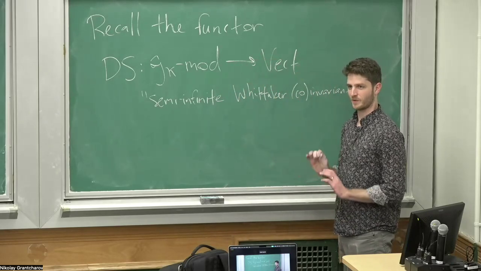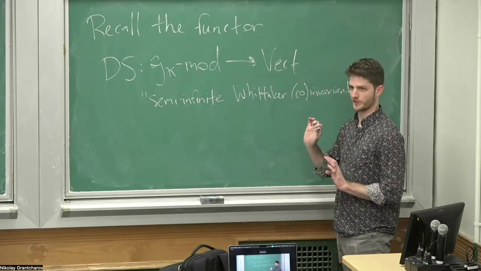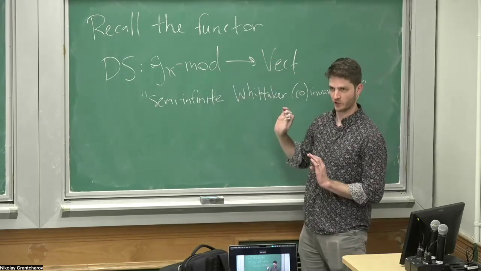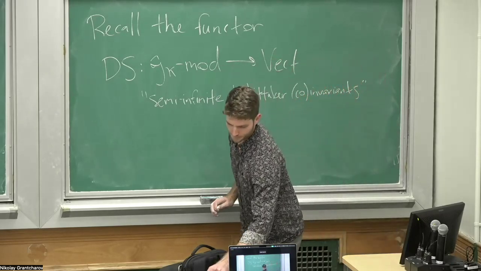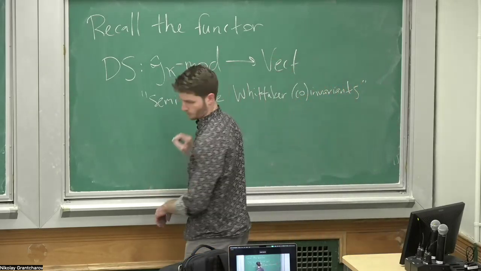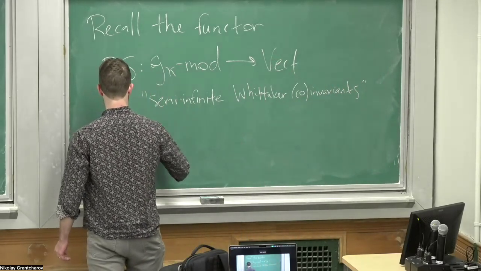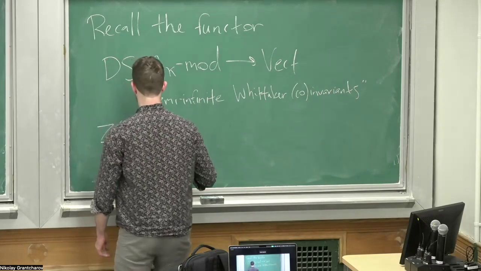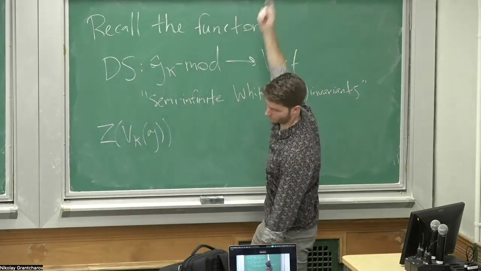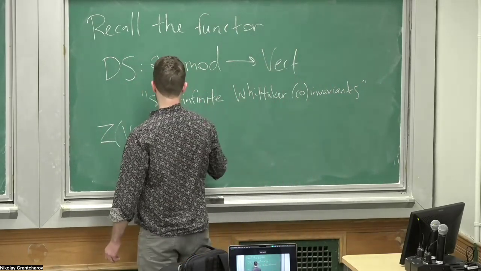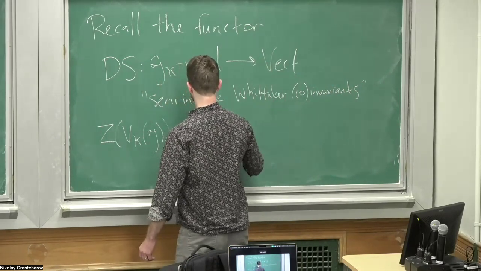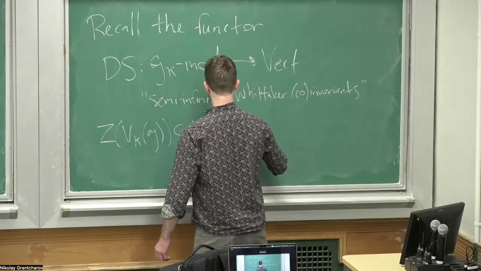Okay. Previously, this is the thing that we used to produce the affine W algebra by applying it to the vacuum. The reason I'm writing this as a functor is because the center of the vacuum representation, being endomorphisms of the vacuum representation, acts by functoriality on Drinfeld-Sokolov of the vacuum representation.